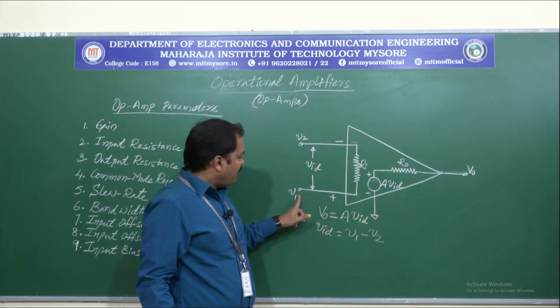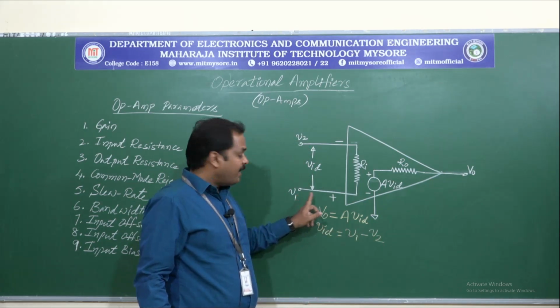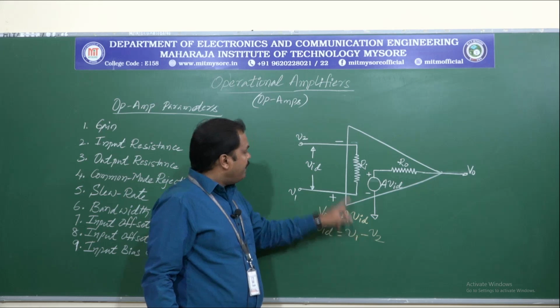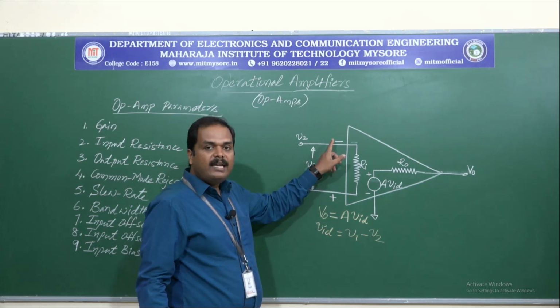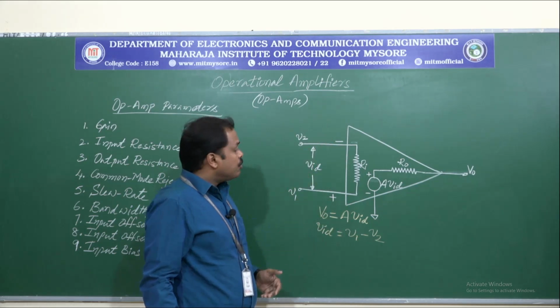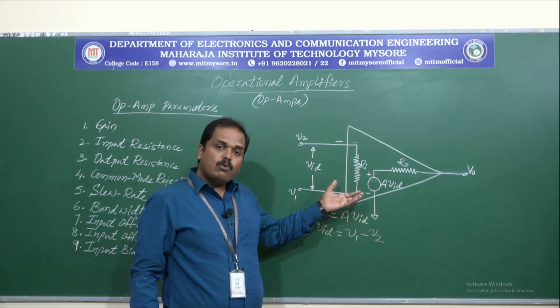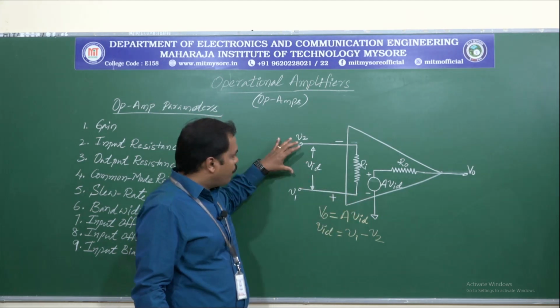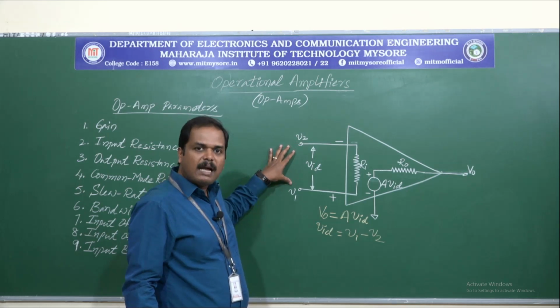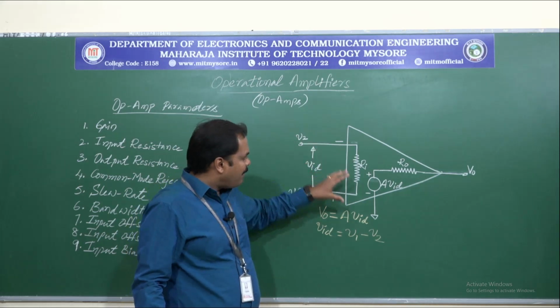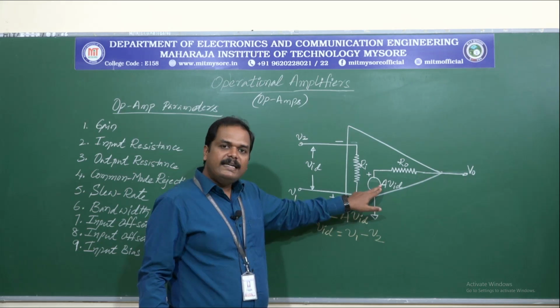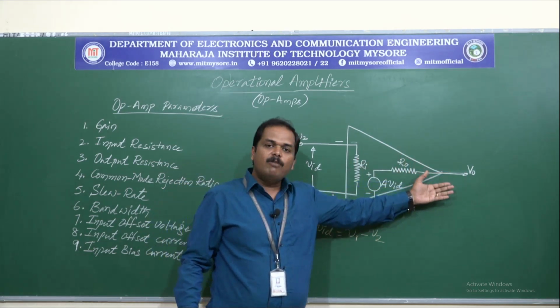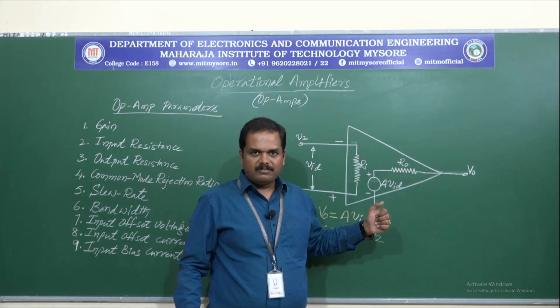V1 is the voltage applied at the non-inverting terminal and V2 is the voltage applied at the inverting terminal. So any op-amp senses the difference between the input voltages applied, and that is amplified by a gain factor A, which is available as output.